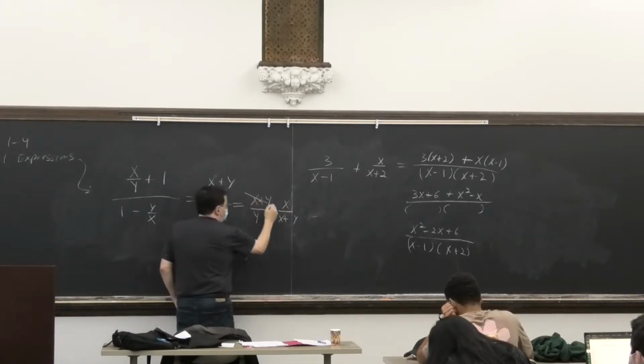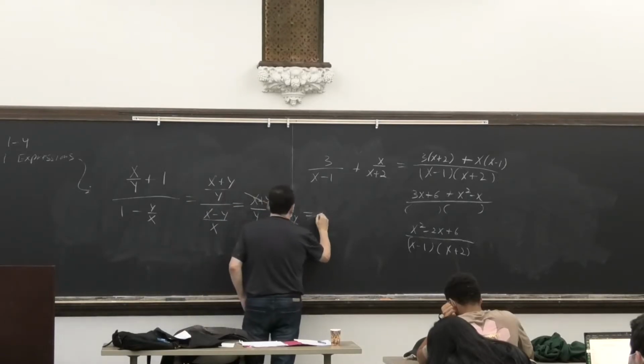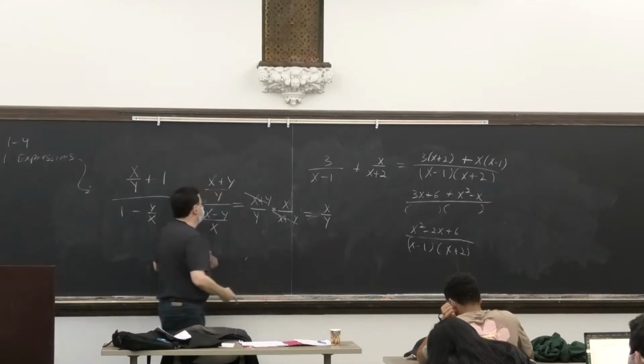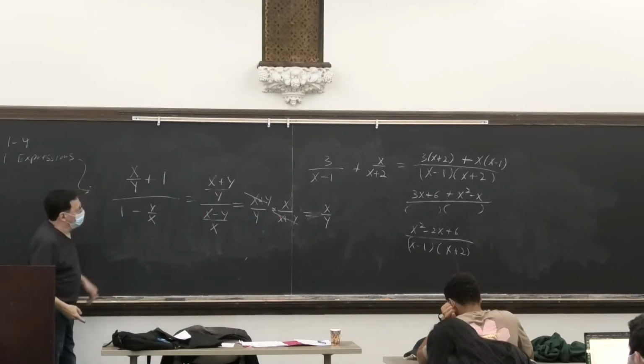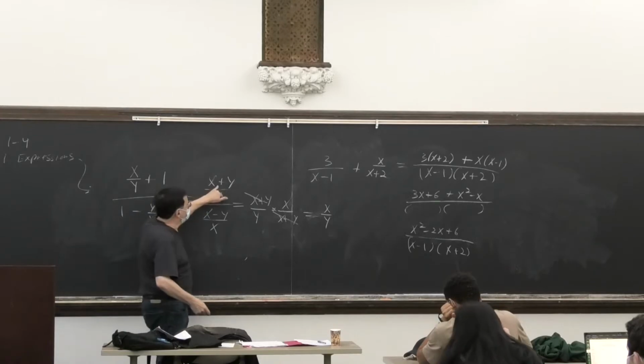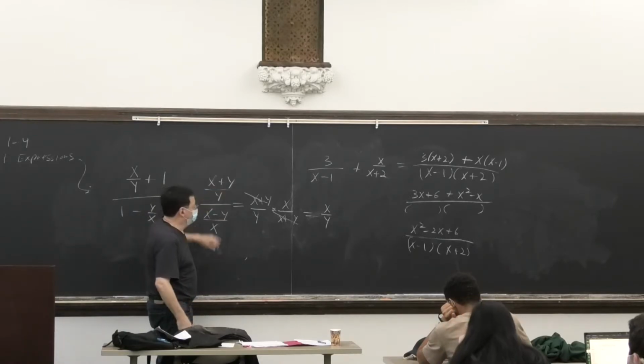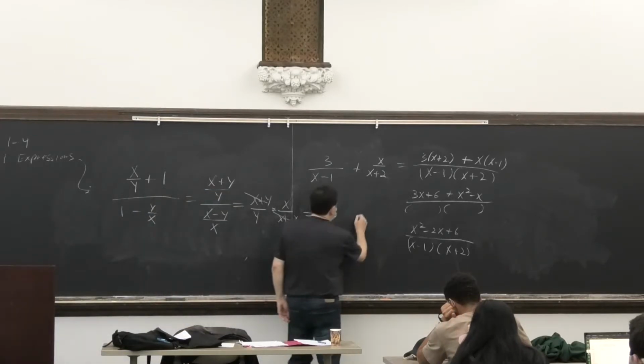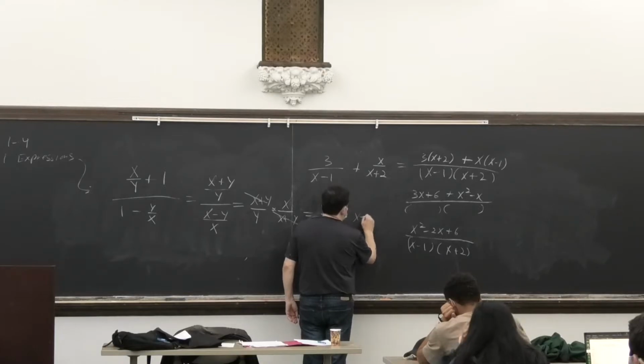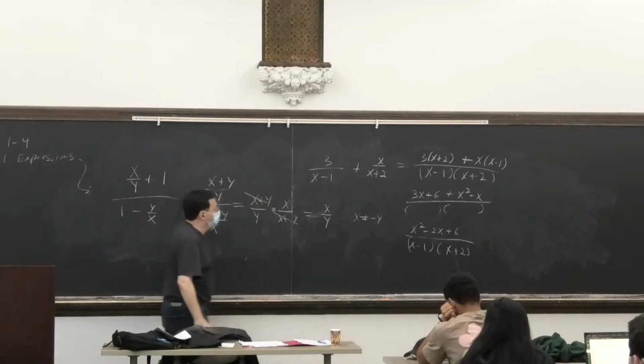And here again, we have a nice simplification. Again, the restriction on the domain of this is that x plus y is not 0. Write that this way, x not equal to minus y.